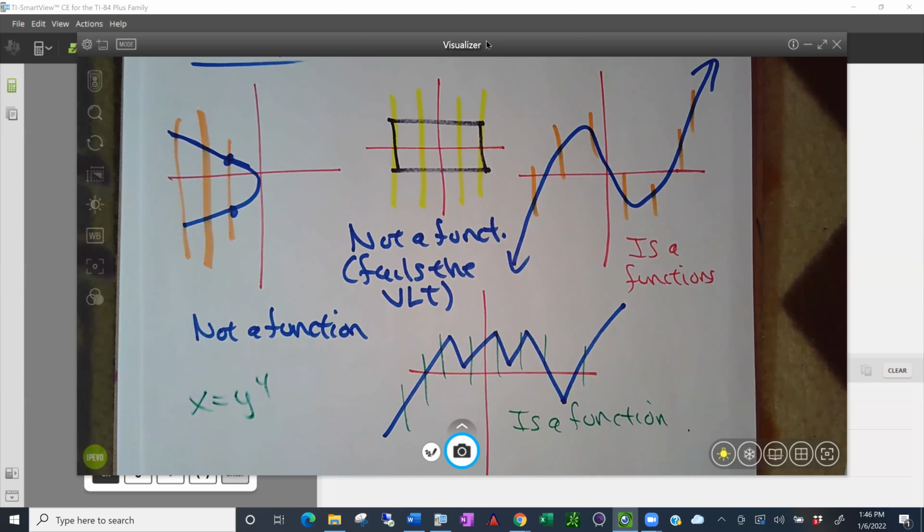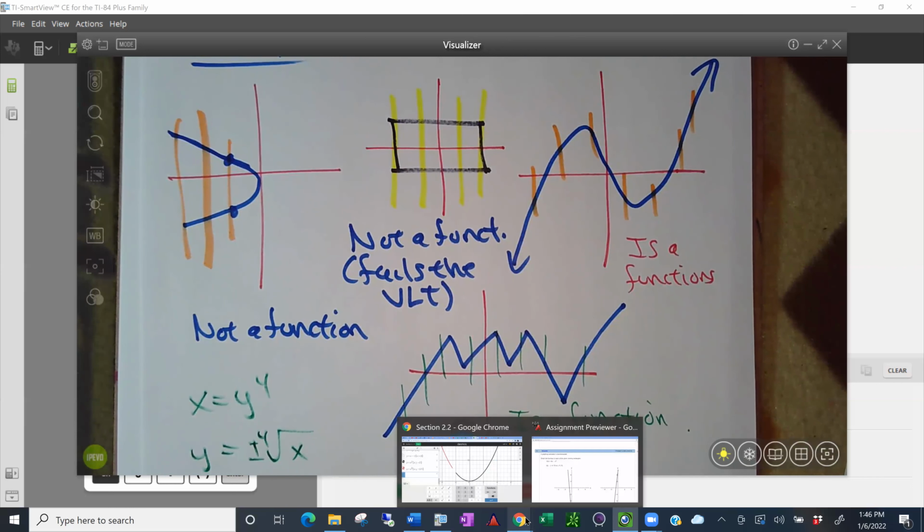If you were to try and do this on your graphing calculator, it would take a lot of work. You'd have to, first of all, solve for y. So y would be the fourth root of x. And then you have to be savvy enough to realize, oh, there's plus or minus there, and then have to graph those separately. It's kind of a pain. I mean, you could do it, but it's a lot of work.